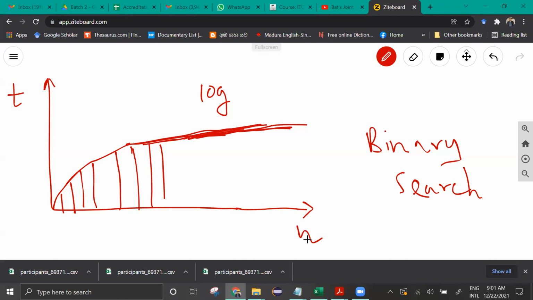In a binary search in an array or similar data structure, if the size of the array is increasing, the time is not increasing as n has increased, right?